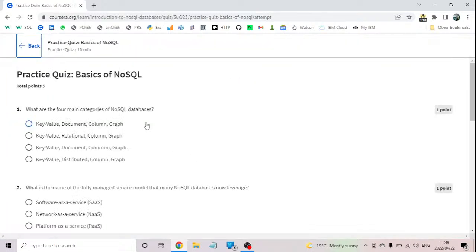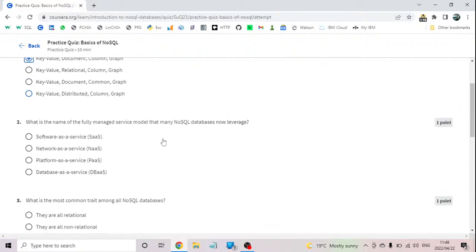What are the four main categories? Key value, document, column, graph. What is the name of the fully managed service model that databases servers?